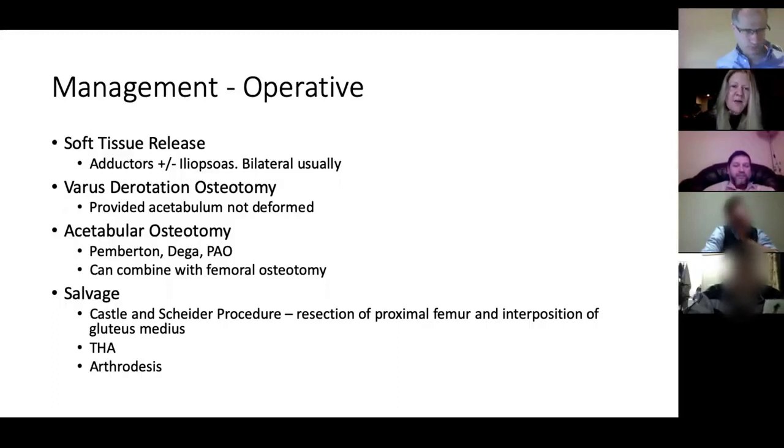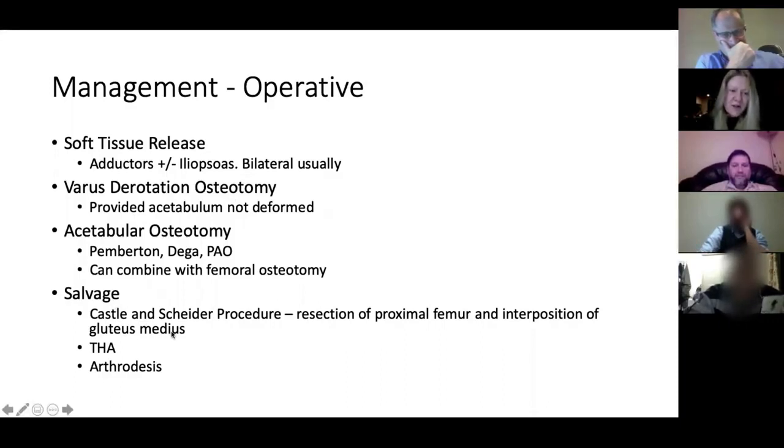Provided your acetabulum is not deformed, you can consider a varus derotation osteotomy. And if your acetabulum is deformed, then you can consider a Pemberton, Dega, or PAO. And you can combine an acetabular osteotomy with a varus derotation osteotomy or with a shortening osteotomy of the femur in order to get the hip located.